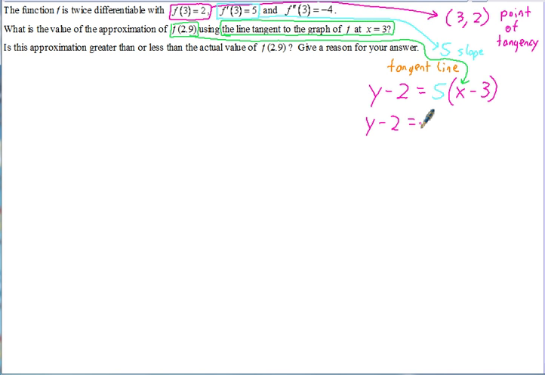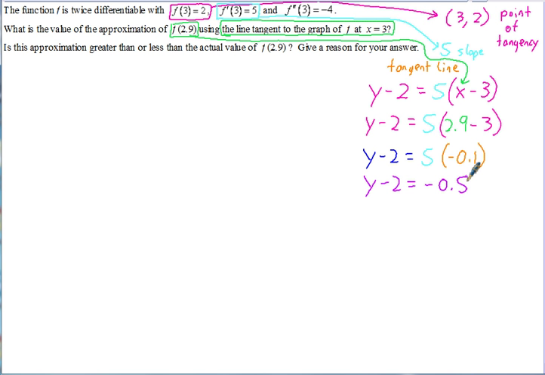So y minus 2 equals 5 times, let me substitute that in for x, so we get 2.9 minus 3. And just simplify that. So we'll get y minus 2 equals 5 times 2.9 minus 3 is negative 0.1, times the 5 gives you negative 0.5.